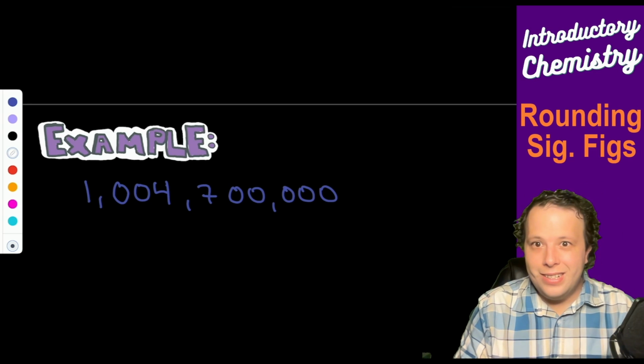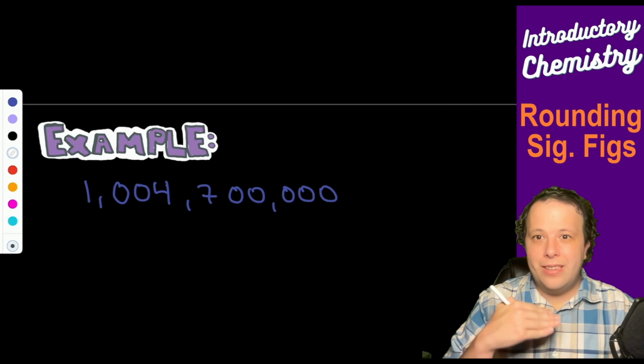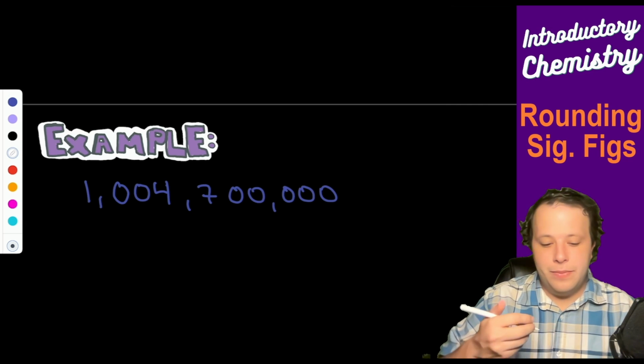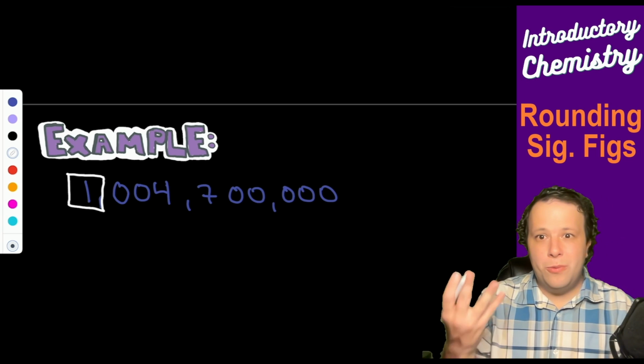The big idea here is that you're moving that hypothetical decimal point to make the first number between 1 and 10. So right here would be between 1 and 10.